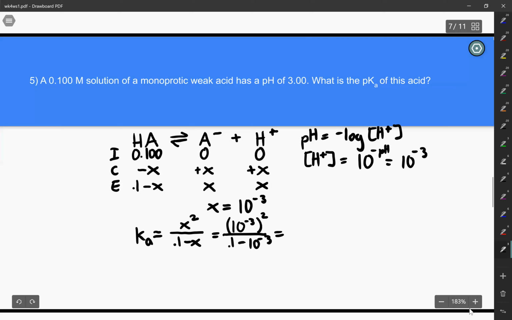And then we can solve for our Ka. So from this, we find that our Ka is 1 times 10 to the negative fifth.